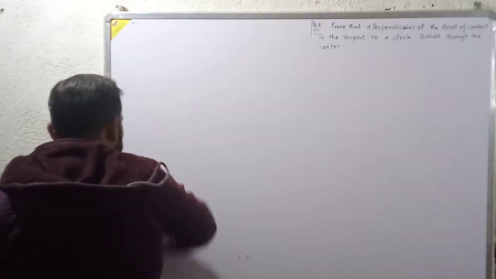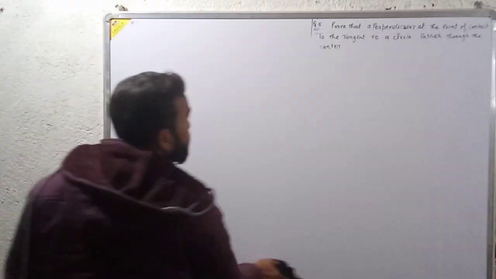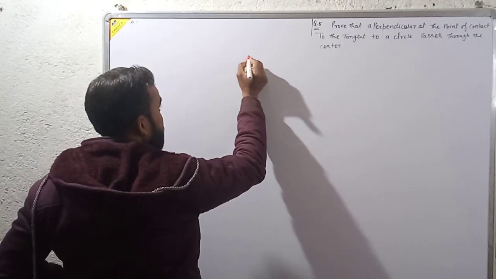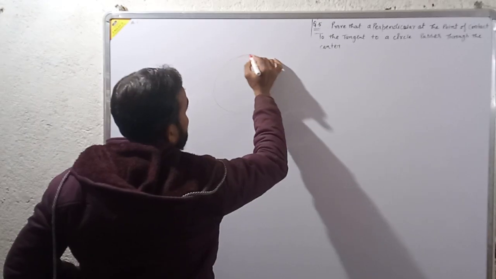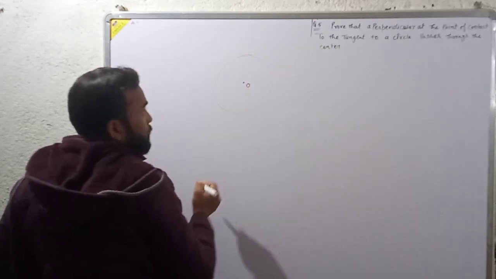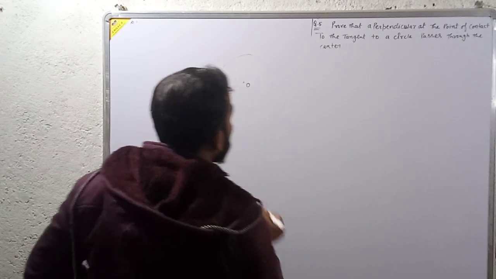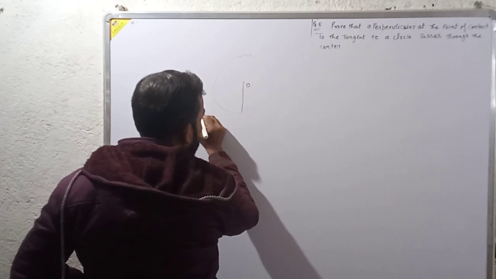So we first draw a diagram with the given information. First we draw a circle with center O. Let me suppose this will be perpendicular at this point.